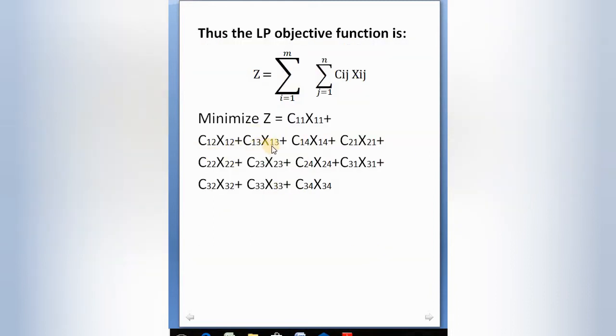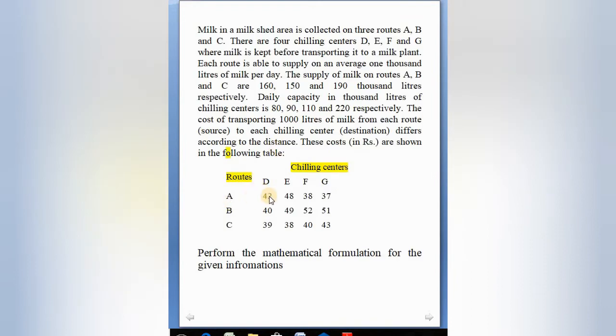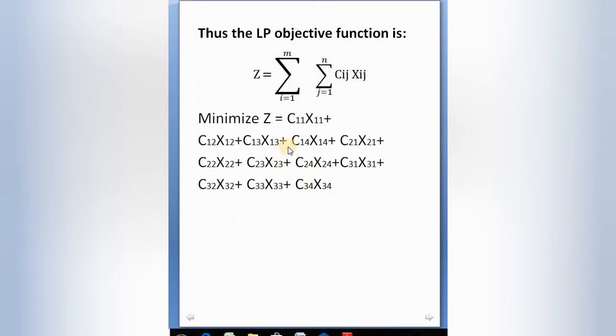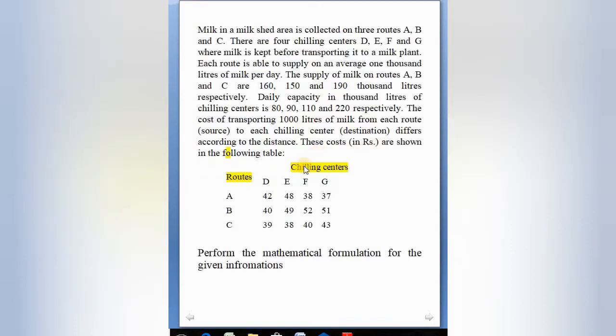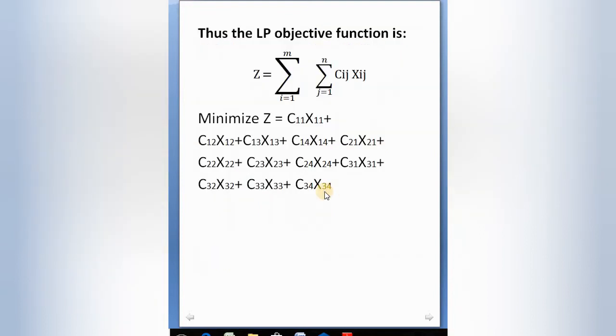And C13 X13 is A1 to F. C14 X14 is 1 to 4, so the cost of transporting from route A, that is source 1, to destination G, which is 4.